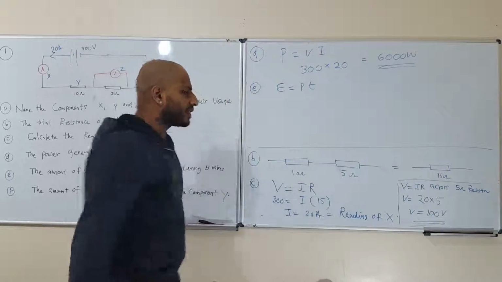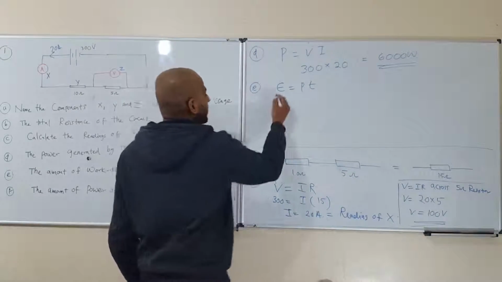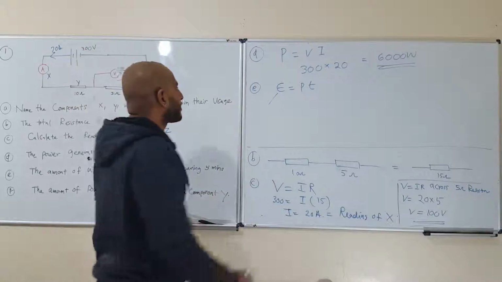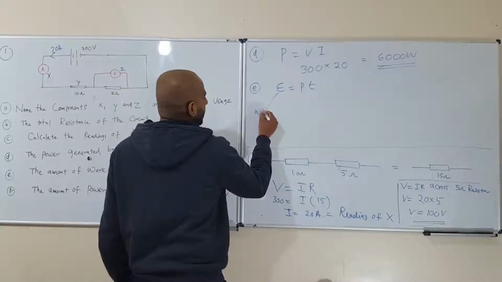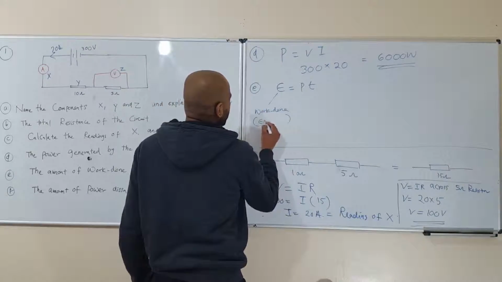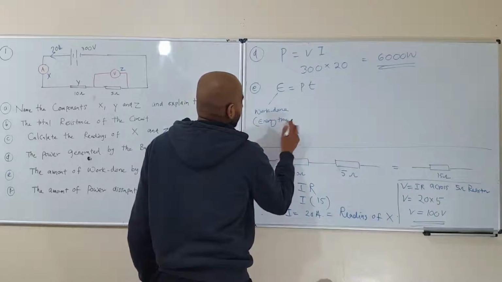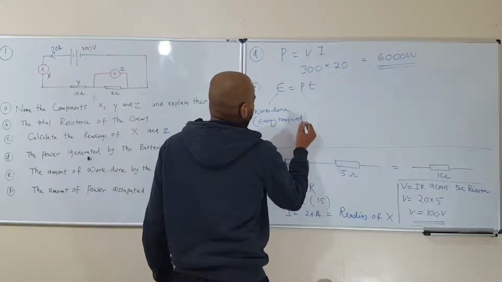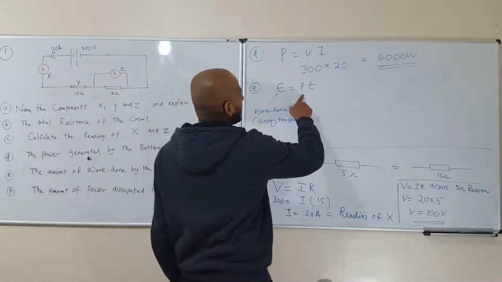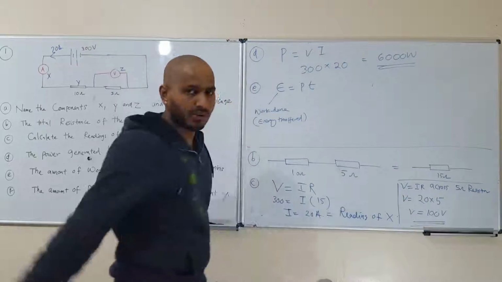E means energy transferred, which is the same thing as work done. P is the power, which we worked out as 6,000 for the battery, and time is always in seconds.